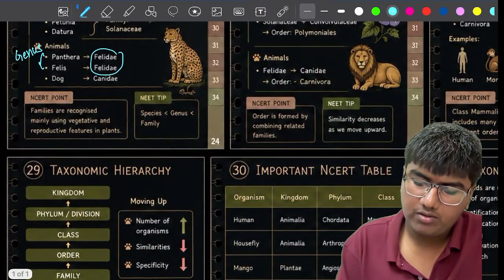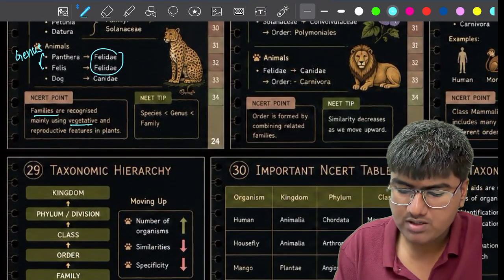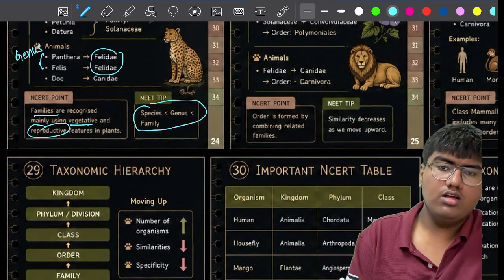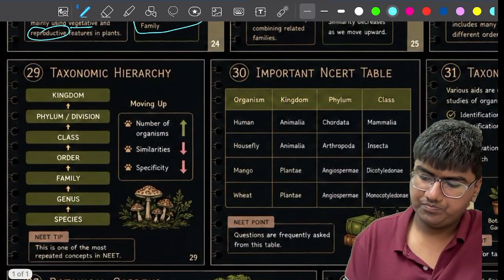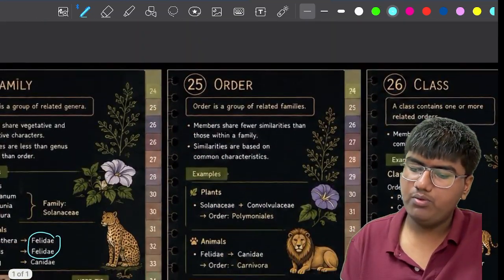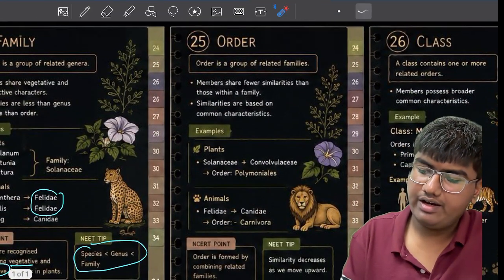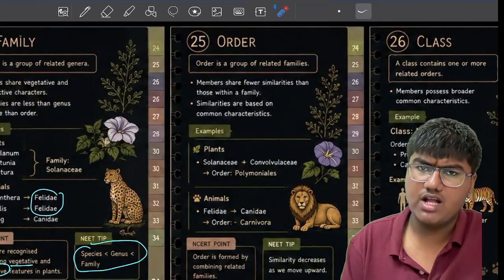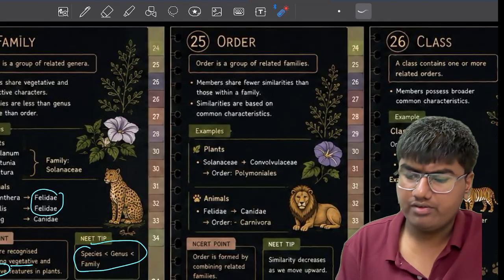Families are recognized mainly using vegetative and reproductive characters, as we said. Next, let's come to order. A group of related families is nothing but order. Members share fewer similarities than those of family. Again, the similarity decreases here.